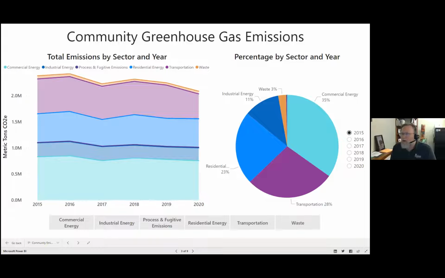Well, we have made some predictions about our vulnerability to the impacts associated with climate change, and those impacts that we anticipate are a significant increase in days with temperatures above 95 degrees. So it has a huge impact on human health.